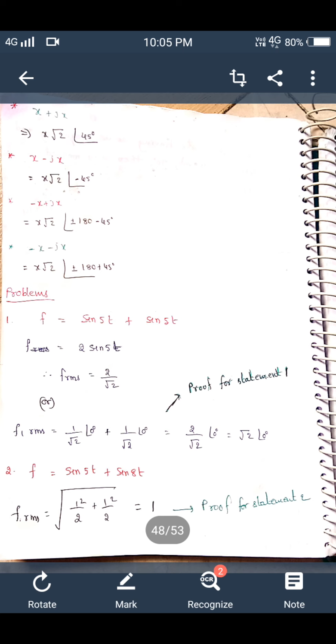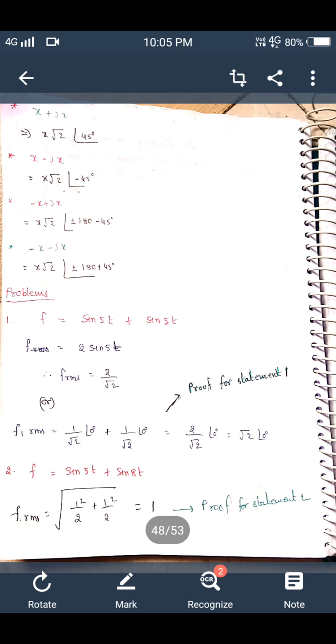Then the RMS value is found using the phasor method. The first source is sin 5t, whose RMS value is 1 by root 2 at an angle 0 degrees, plus another signal also 1 by root 2. If you add those two, you get 2 by root 2 at an angle 0, which is equal to root 2 at an angle 0. So that is the proof for statement 1.